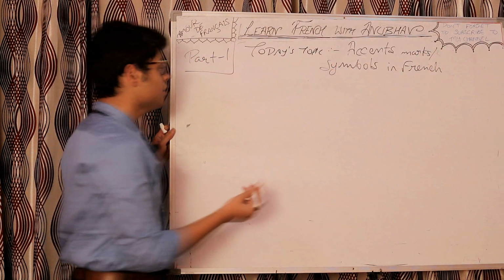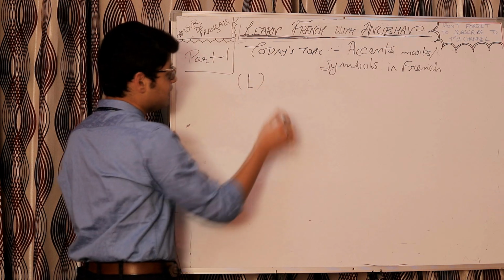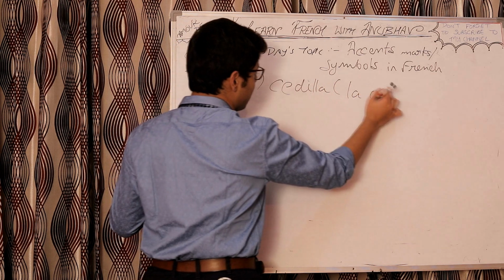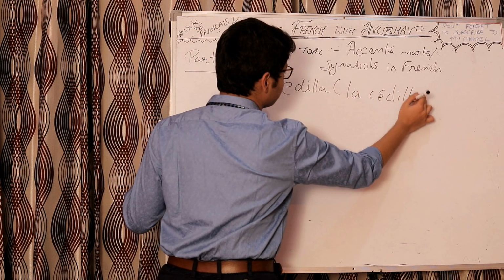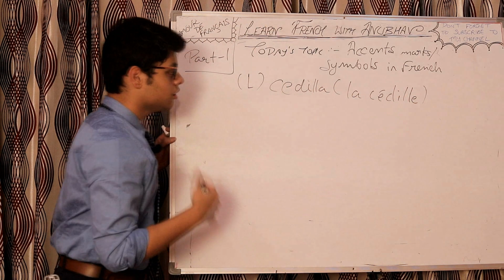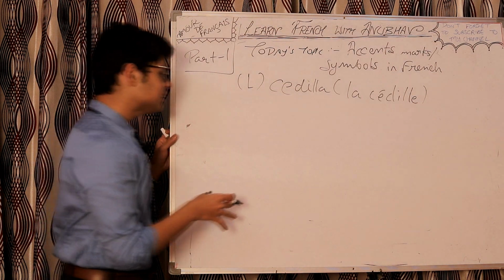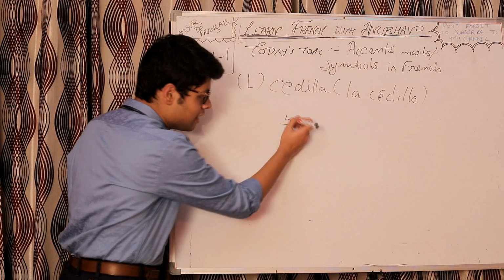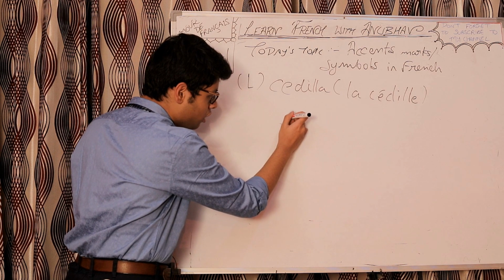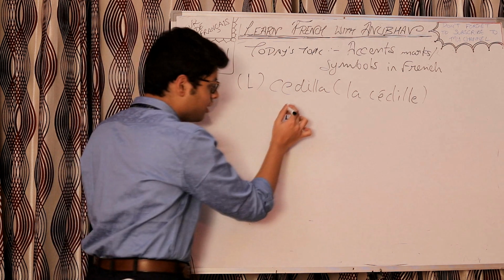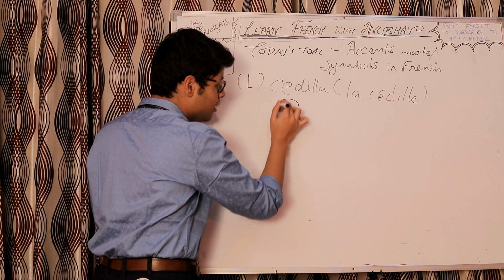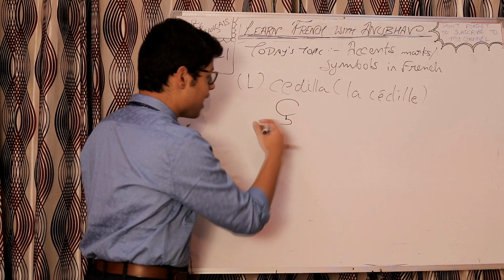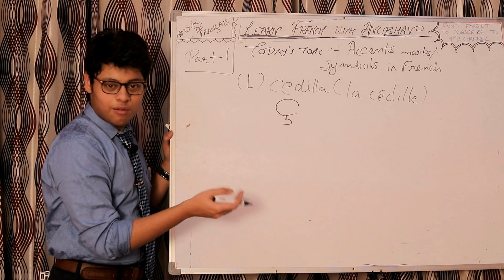So let us start with the first one, which is known as the cedilla, or la cédille. Discussed in the video of CER ending verbs, cedilla is the small inverted C with a kind of a short line above that, and this cedilla comes always under the C. Like it can't come under any other consonant or vowel.